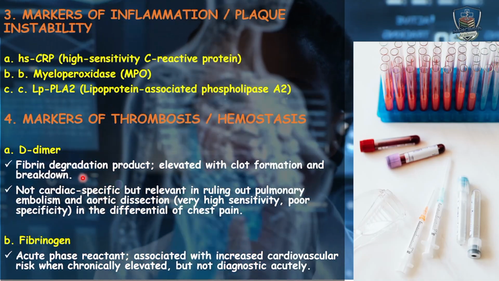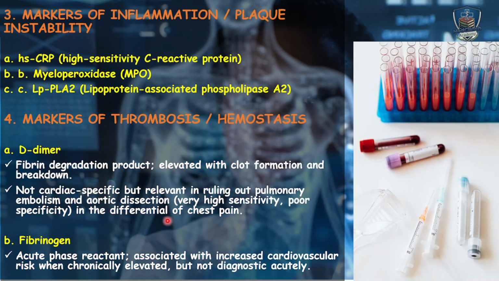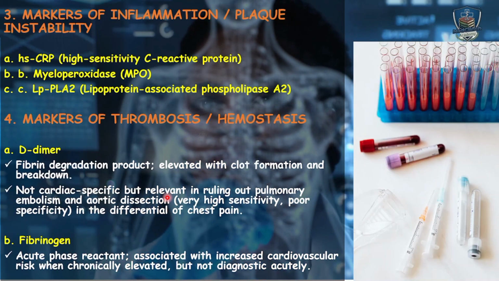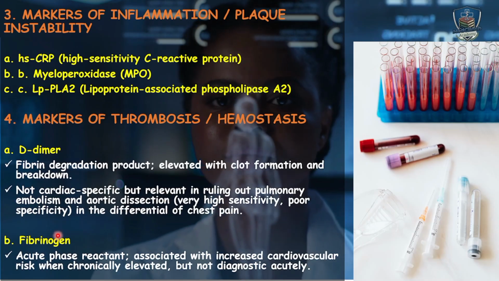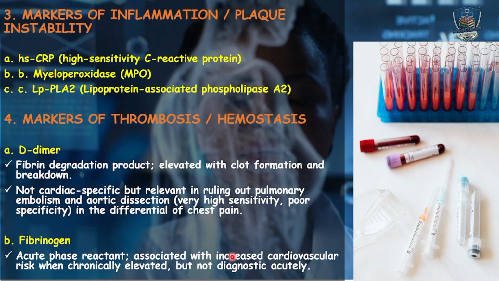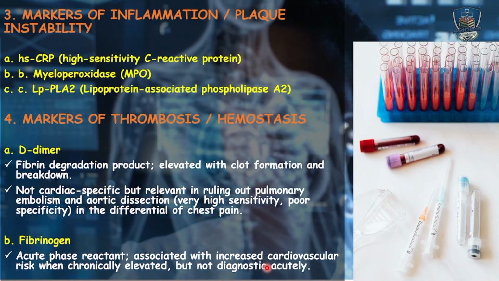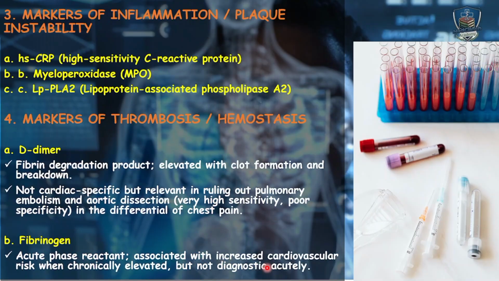It has very high sensitivity and poor specificity in the differential of chest pain. We also have fibrinogen, an acute phase reactant associated with increased cardiovascular risk when chronically elevated, but not diagnostic acutely. Those are some of the markers that you have to know.